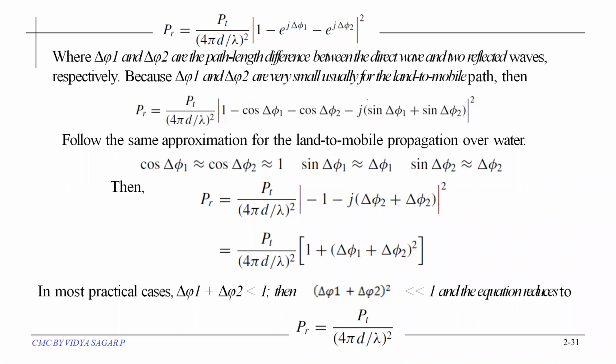That means from the direct wave to the first reflected wave is delta phi 1, and from the direct wave to the second reflected wave is delta phi 2. They're generally very small.